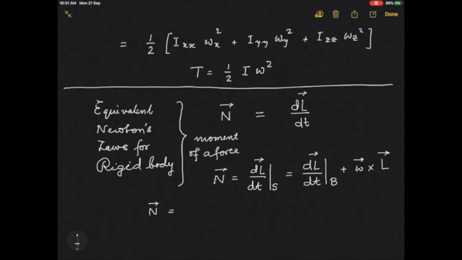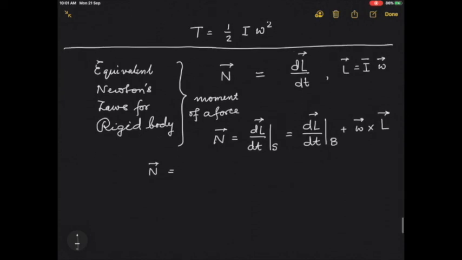So N can be written as, what is L? Well, L is I times omega. Just let me write it here to remind you of this relation. And here I am doing a derivative with respect to the body set of axes. And the moment of inertia, the body set of axes, remember, we will always choose for our simplicity with respect to the principal axis.